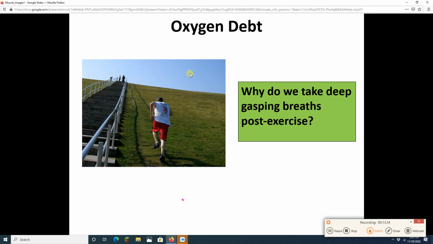Cool. Let's do another quick little topic here. There is something called oxygen debt. This looks like an awesome hill. Let's say you were going to go and do some sprints up this hill. You sprint up this hill. When you're done, there's a period of time where you are in what is called oxygen debt. You are gasping for breath for a while, even though technically you're done exercising.